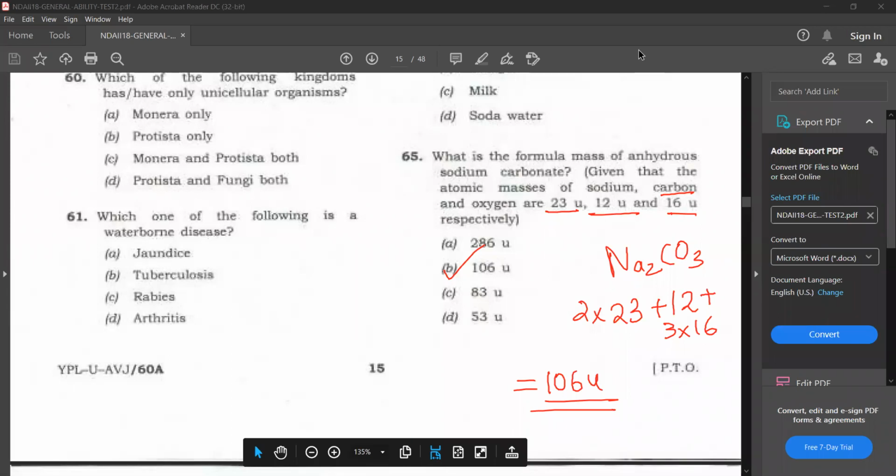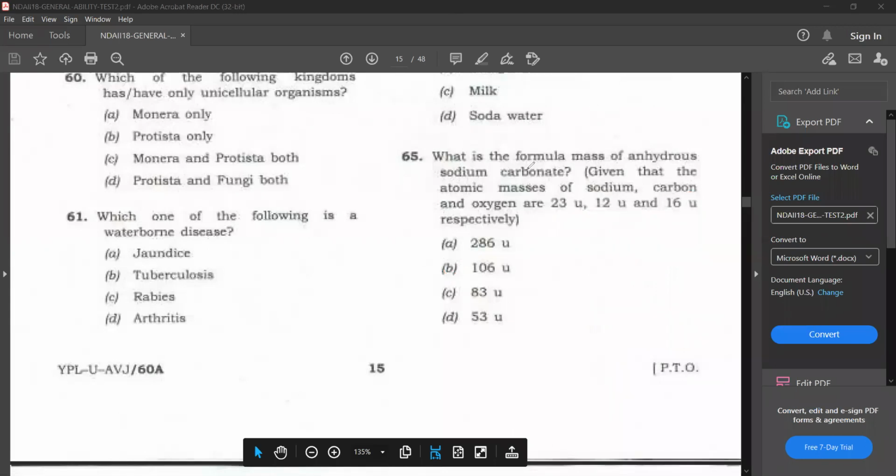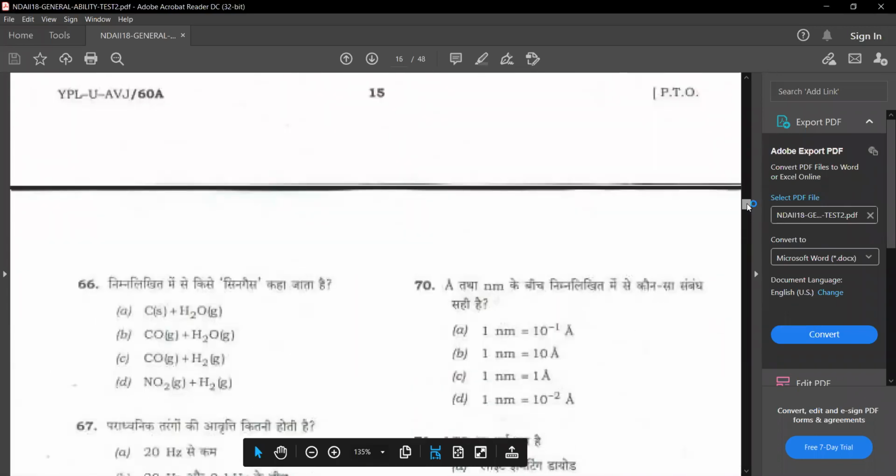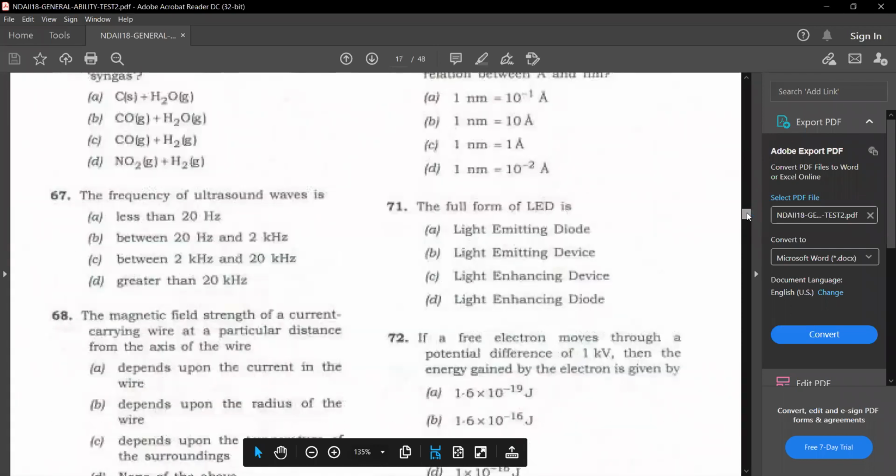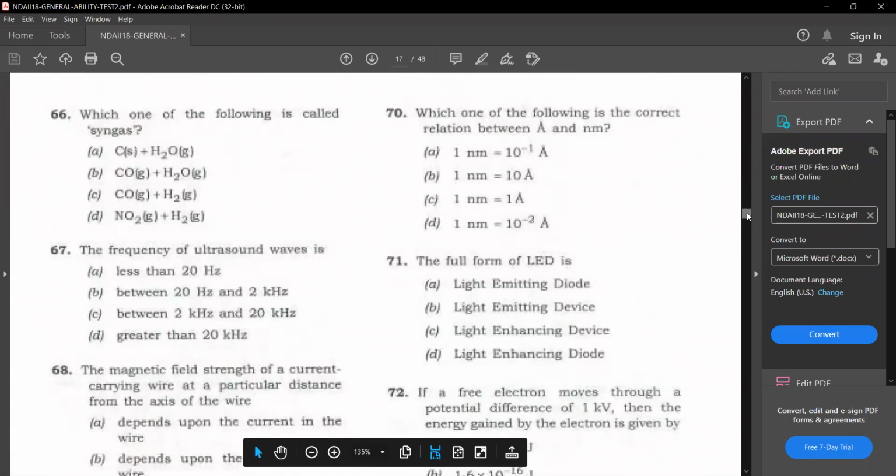So next question. Which one of the following is called syngas?